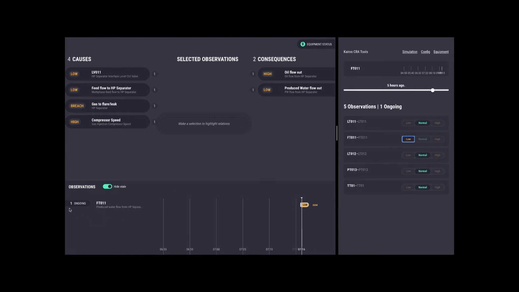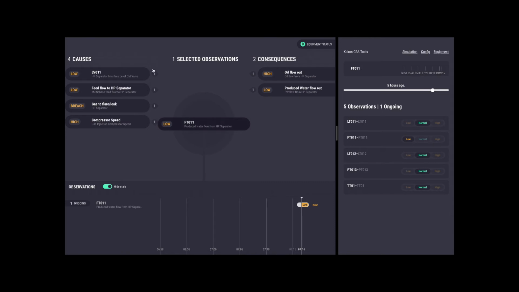At the bottom we see that we currently have one active observation, which is a low water flow from the separator, and by clicking each of the causes, we can see which observations support this exact cause.